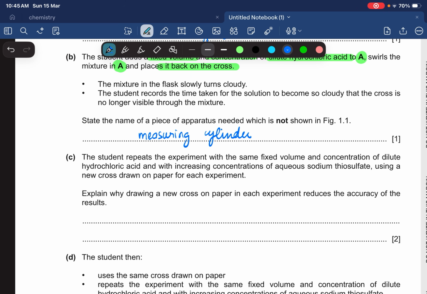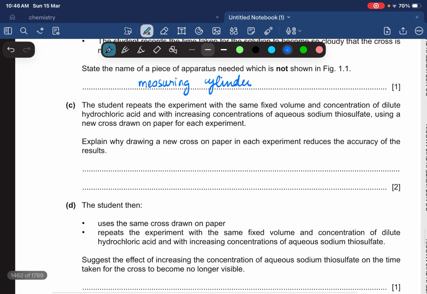The student repeats the experiment with the same fixed volume and concentration of dilute hydrochloric acid with increasing concentrations of aqueous sodium thiosulfate, using a new cross drawn on the paper for each experiment. So he keeps the HCl constant and increases the sodium thiosulfate concentration. Explain why drawing a new cross on the paper in each experiment reduces the accuracy of the result.